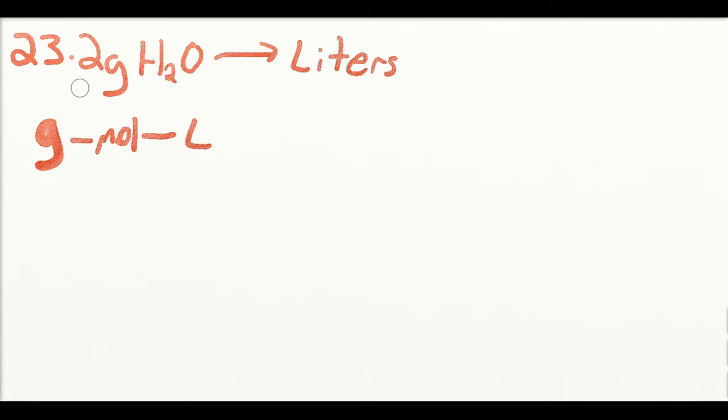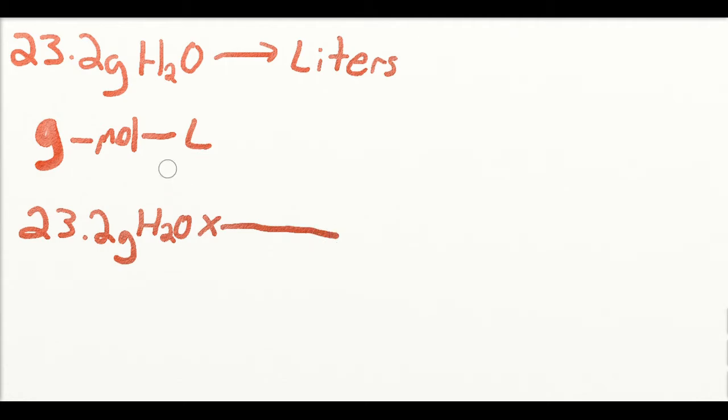The first thing is obviously to change these 23.2 grams of water into mole. So you're going to get your given grams of H2O, 23.2, times, and then the line. The molar mass of H2O needs to go to the bottom because we have grams.